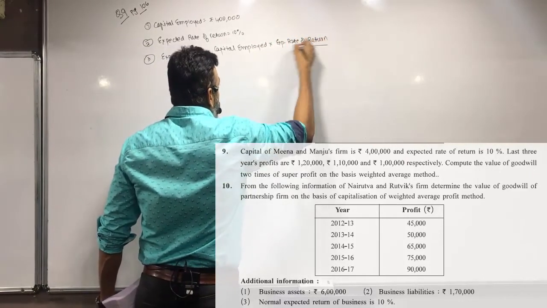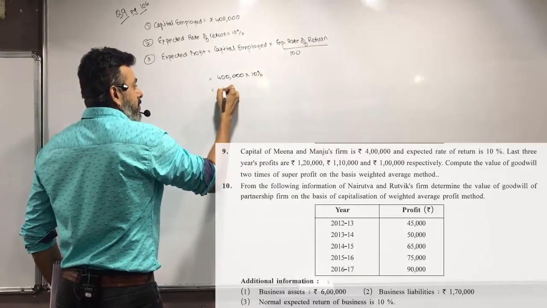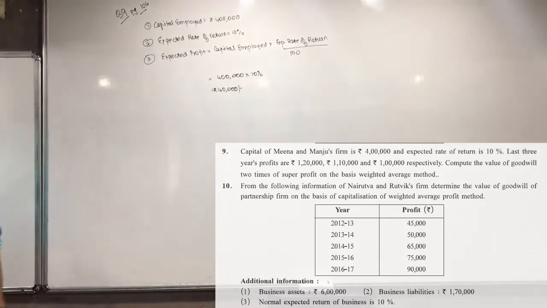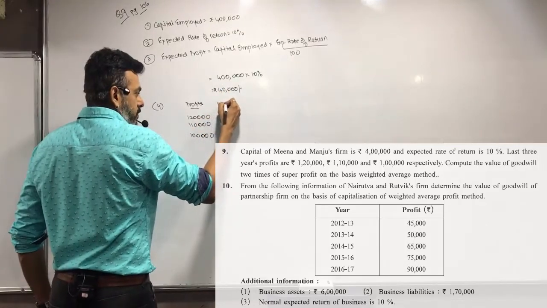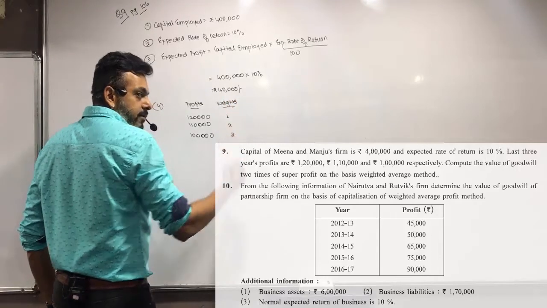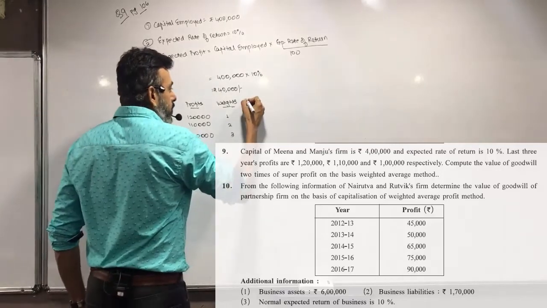You are supposed to write all these things. One, two, and 3. There is a declining trend. Can you see this? Okay, so that will affect the goodwill.